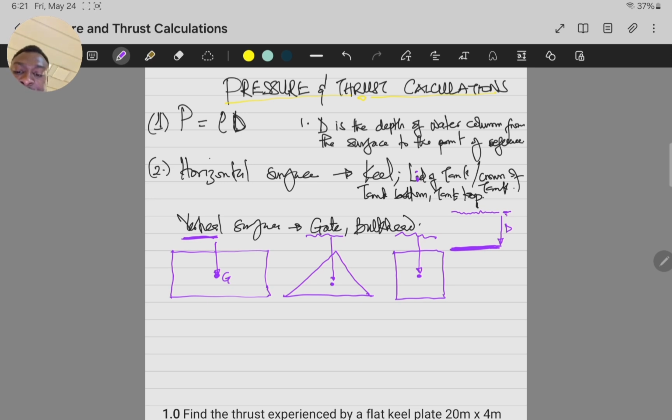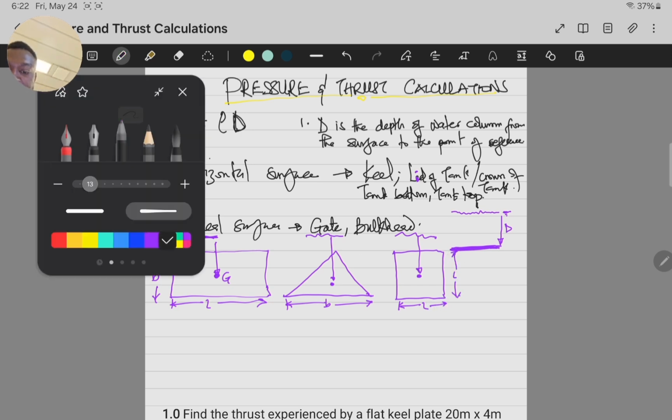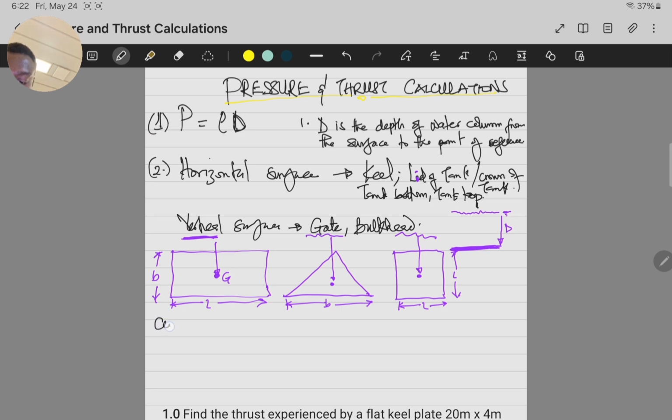All right, so if this is the breadth and this is the length, this is the base, this is just L, right? Now we know already that the centroid of a rectangle, the center of gravity, is going to be the breadth divided by 2, and here is going to be the length divided by 2.